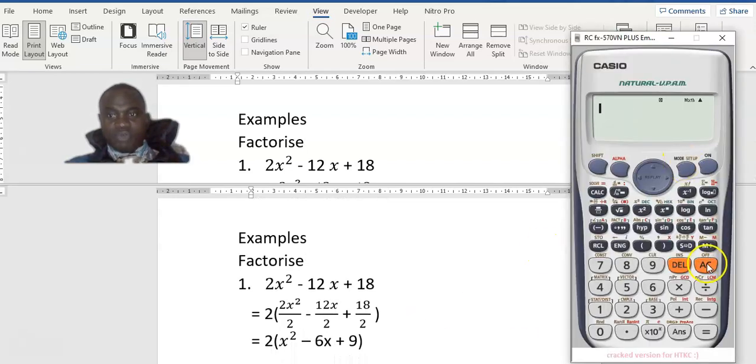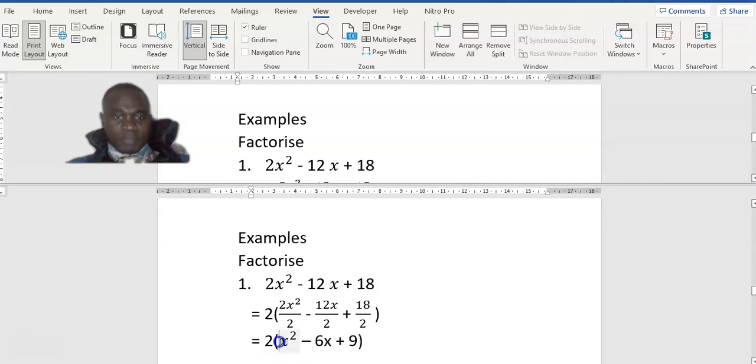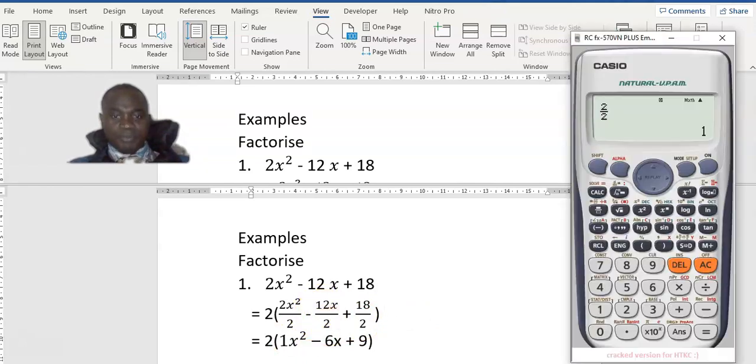And if you divide, what are you going to have? 2 divided by 2 will give you 1. 2 divided by 2 is going to give you 1. So we have 1 here. You can put it there. Then minus 12 divided by 2 gives us what?